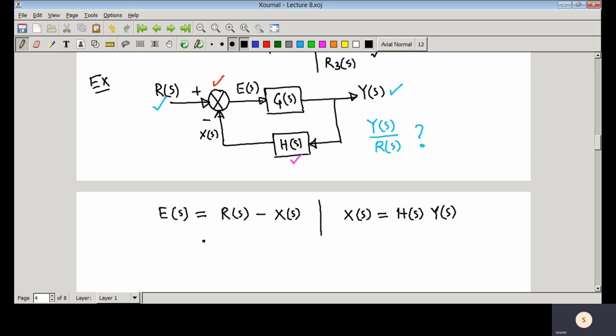So now if you replace it here, you'll get R(s) minus H(s) Y(s).